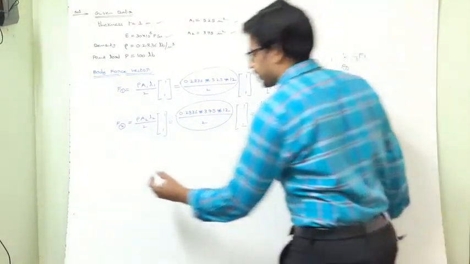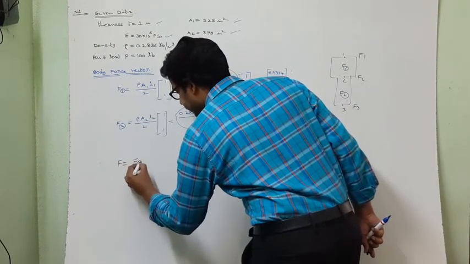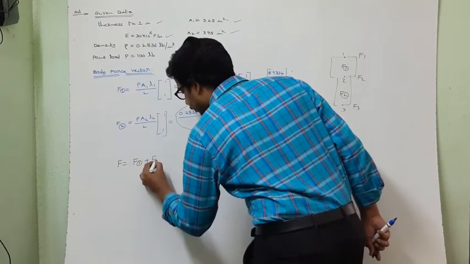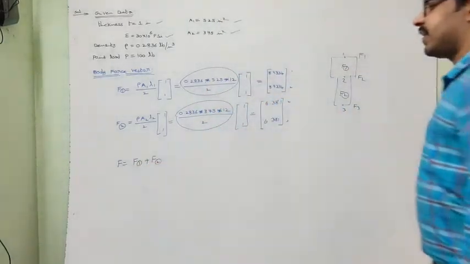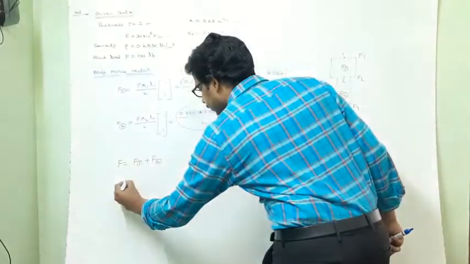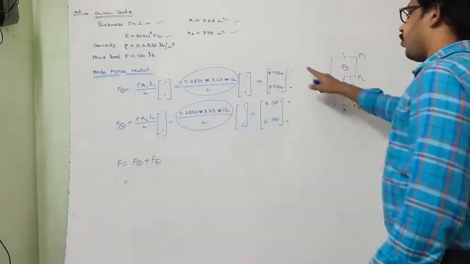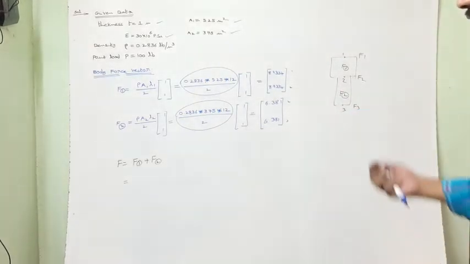The body force vector capital F is equal to F1 plus F2. Here the node values are 1, 2 and 2, 3.